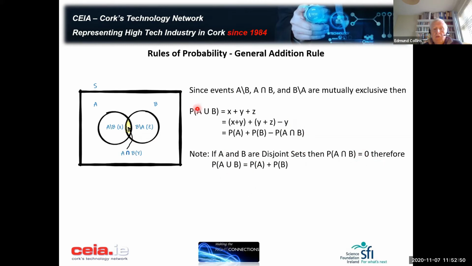Therefore, this simplifies: the probability of A or B or both equals the probability of A plus the probability of B. So certainly worthwhile studying that a bit. It is straightforward, but it's an addition rule that's used in problem solving. So another tool in the probability toolbox.